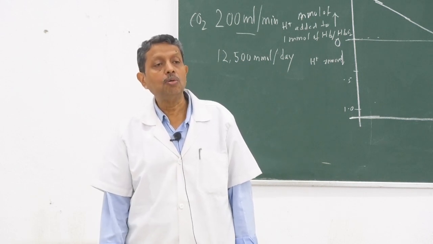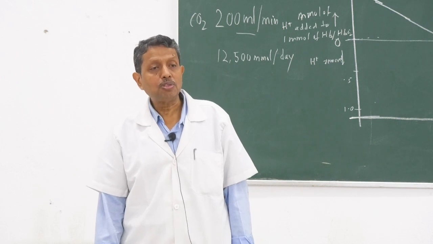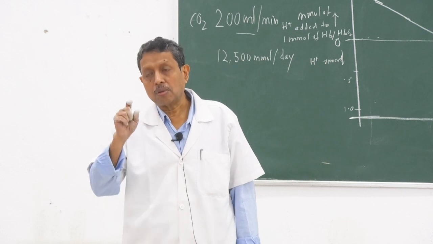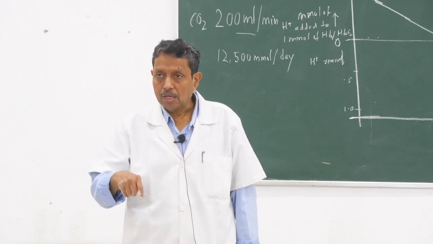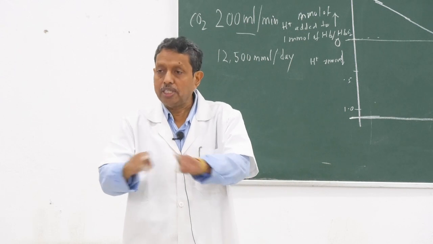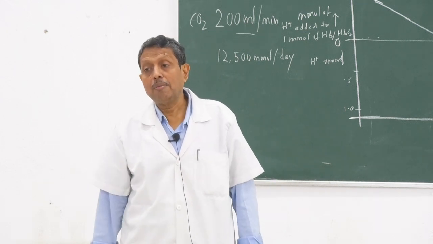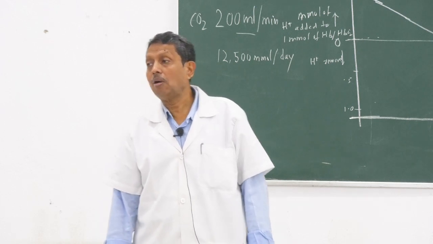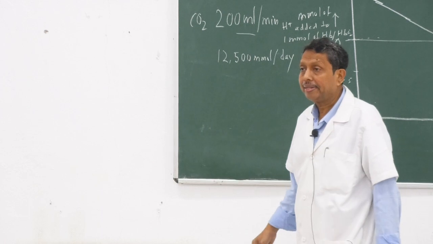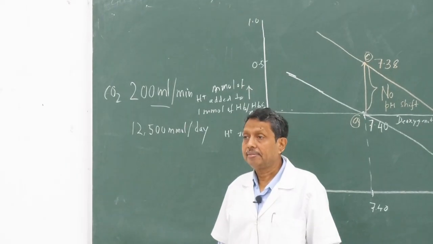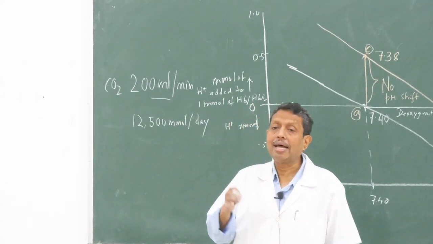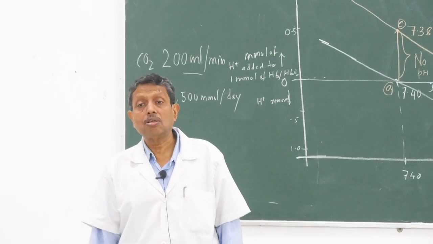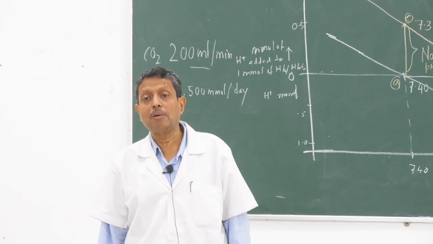So this huge amount of hydrogen ion is produced. In a theoretical sense, all the carbon dioxide accumulates and splits into the equivalent amount of hydrogen ion, and this huge amount is produced per day, and it is eliminated by the lungs. So it does not cause much problem in the normal condition.